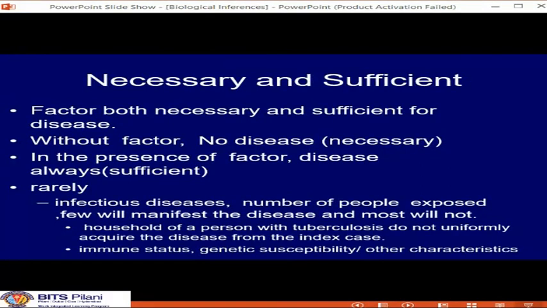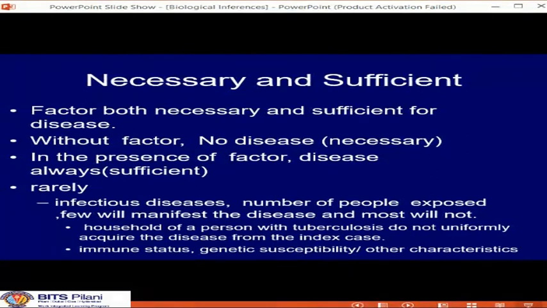Now, as you can think, that is not such an easy situation to get. It's very, very rare to have necessary and sufficient causes of disease. Take, for example, tuberculosis. If I have TB, will all my family members who live in my same household also get tuberculosis? Well, they don't. Why is that?